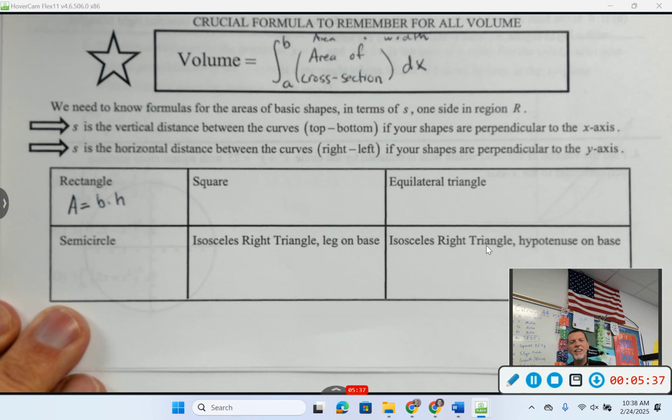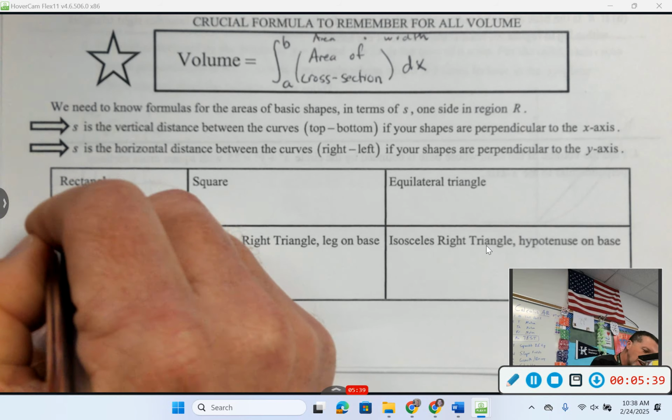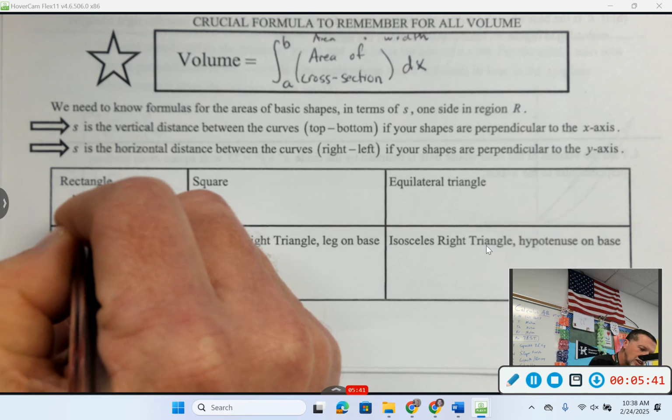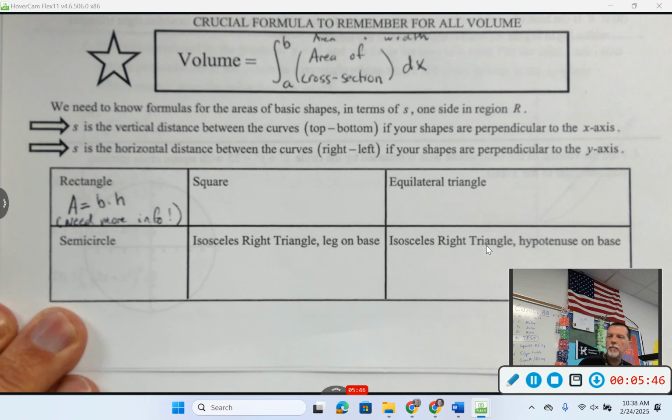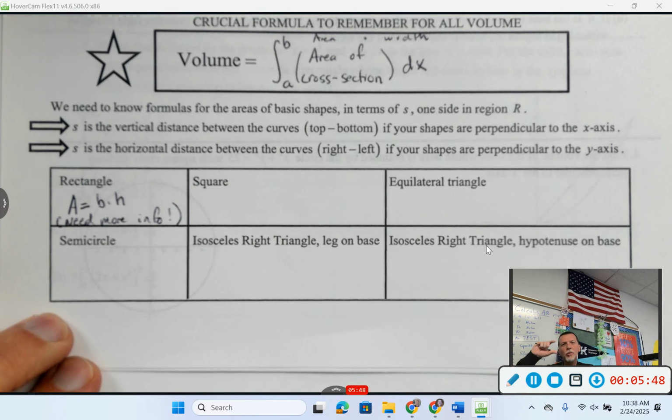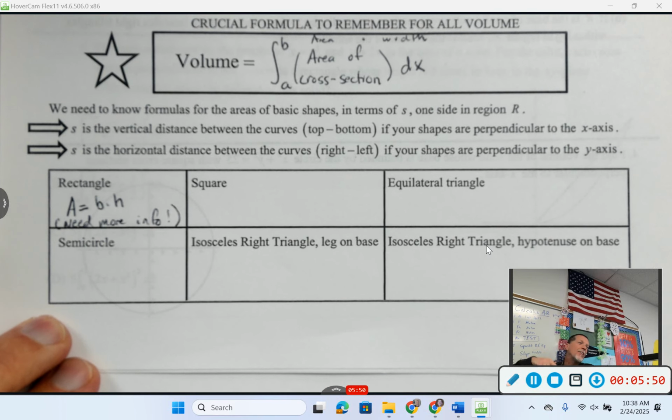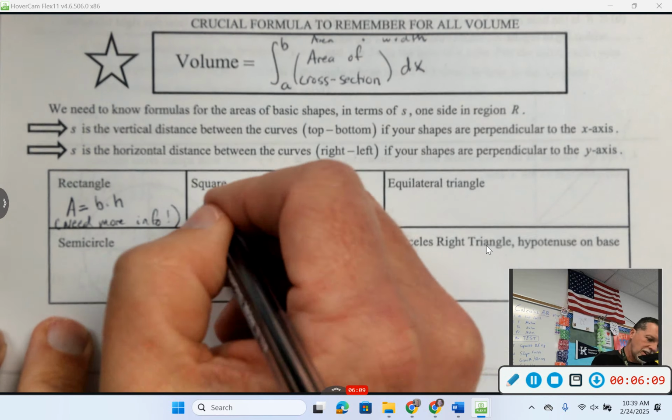They usually have to give you more info if they ask you for rectangles, because you'll know one of the dimensions, but you won't know how tall it is. So the thickness will be dx, but the height, sometimes they'll just say the height is 5. Sometimes they'll get crazy and say the height is 2 times the base. Square gets a little easier.